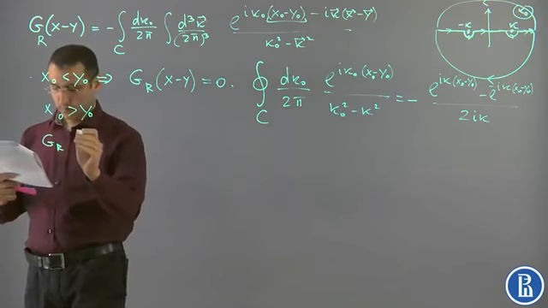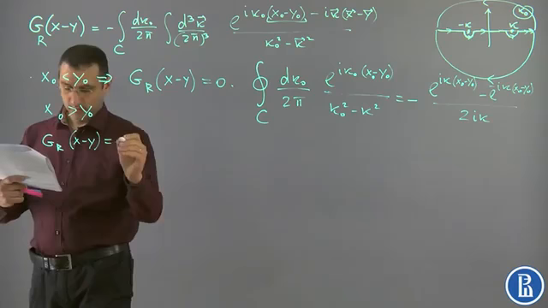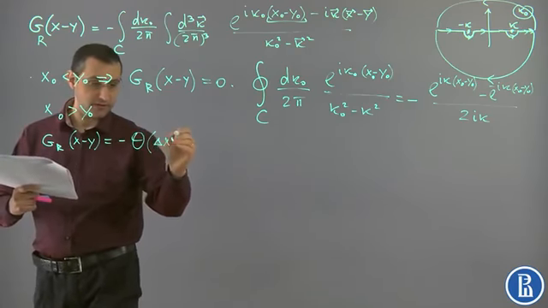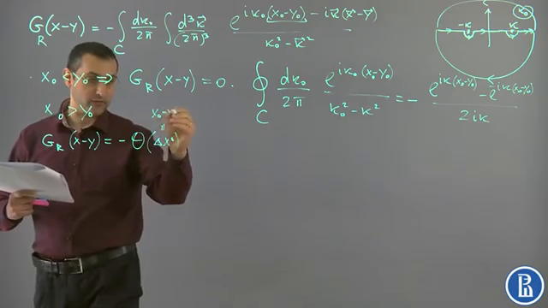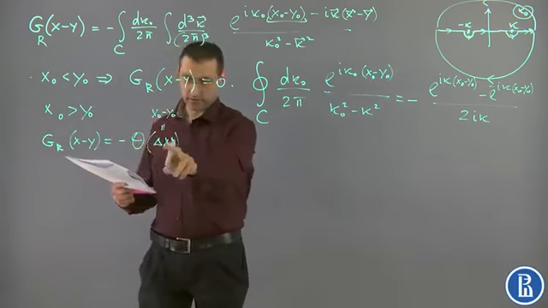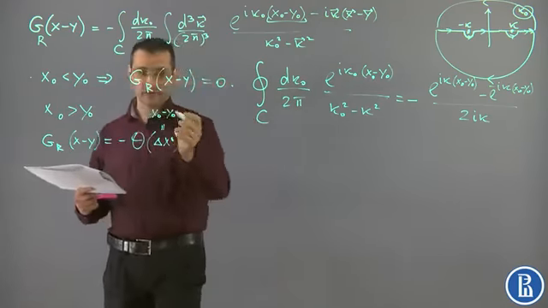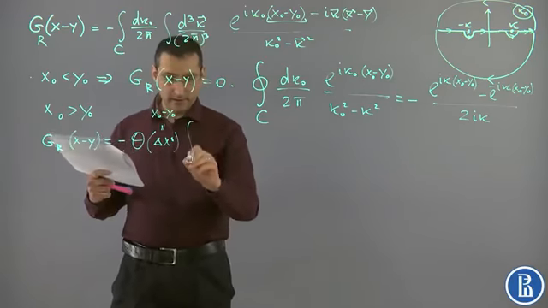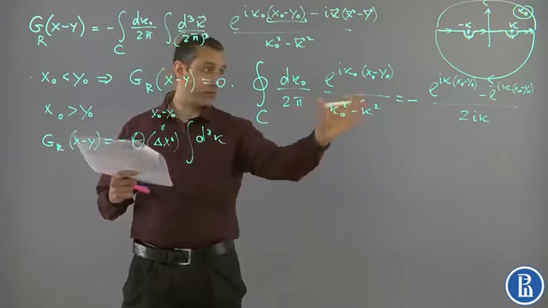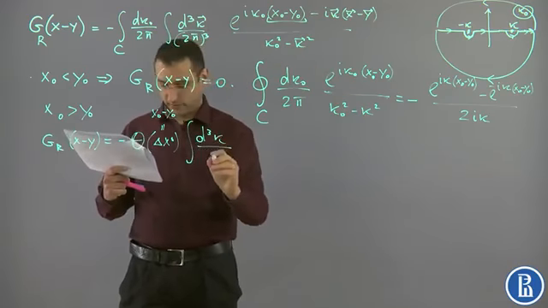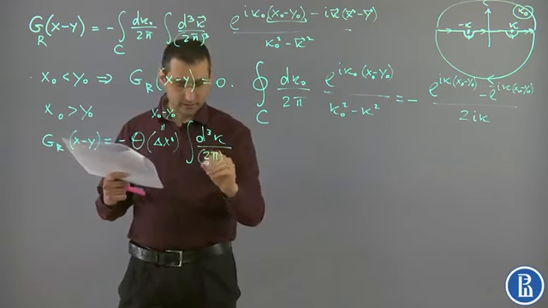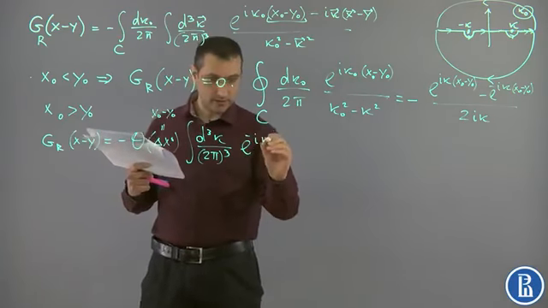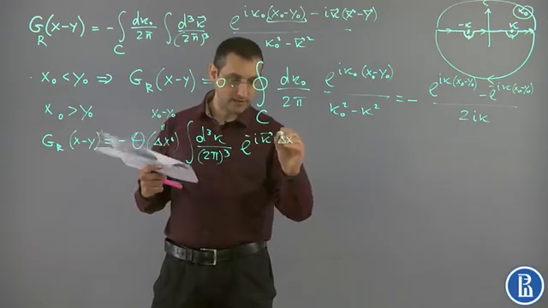G(x minus y) is minus the Heaviside theta function of delta x0. Delta x0 is just x0 minus y0. So this function is 1 if x0 is greater than y0, and 0 if x0 is less than y0. Integral over d3k, so plugging this in, what remains to be done is to take this integral, with minus k vector delta x vector.